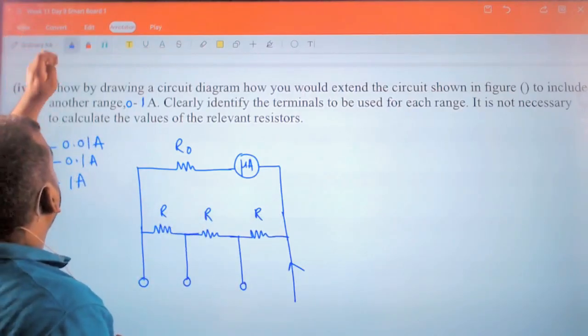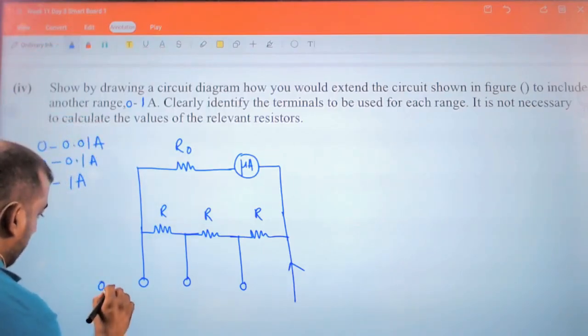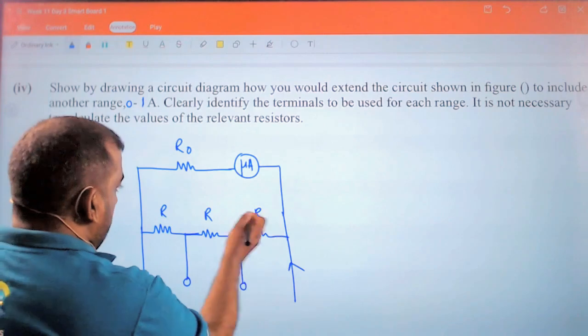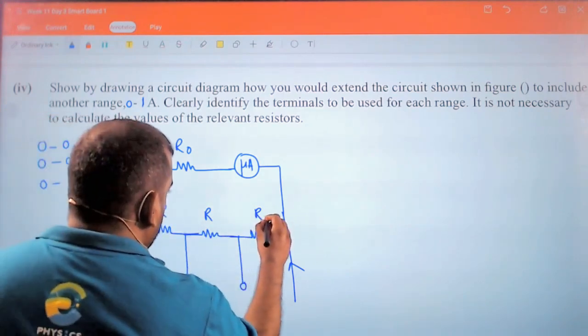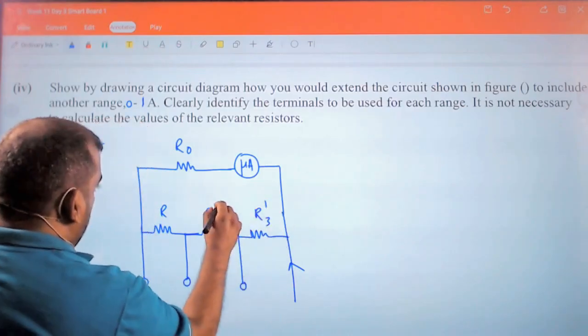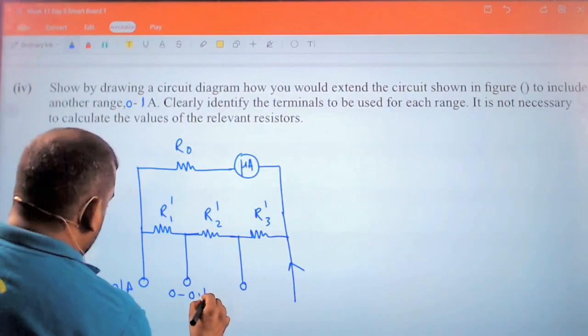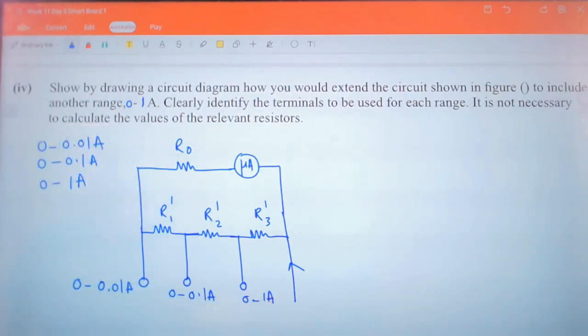Look at this carefully. 0.01 ampere range. Adding 3 resistors separately, we don't know. R3 dash, R2 dash, R1 dash. We calculate again. 0 to 0.1 ampere, 0 to 1 ampere. Clear?